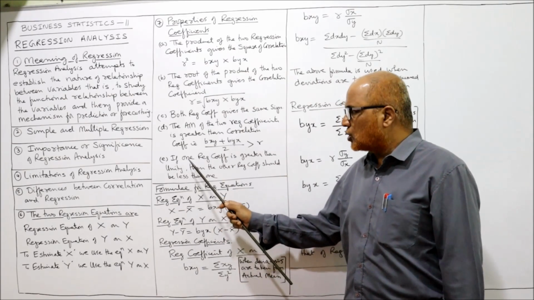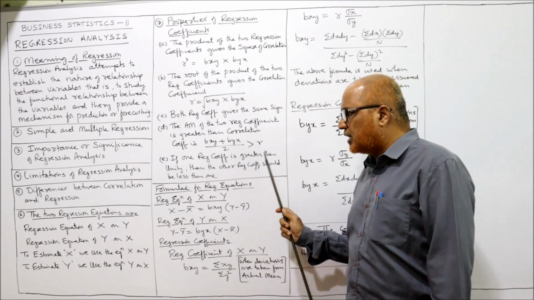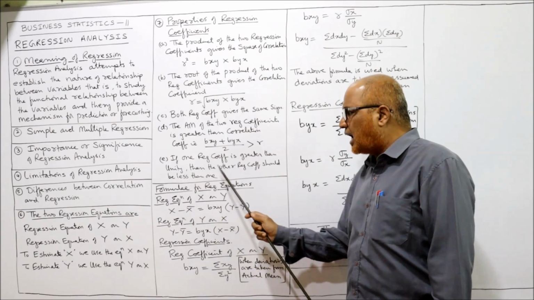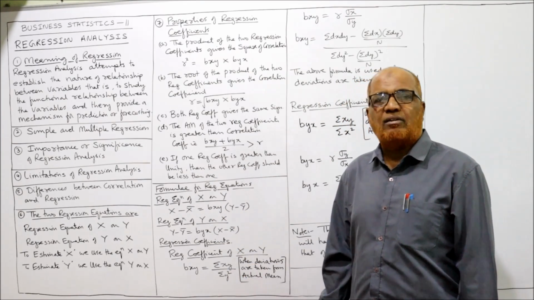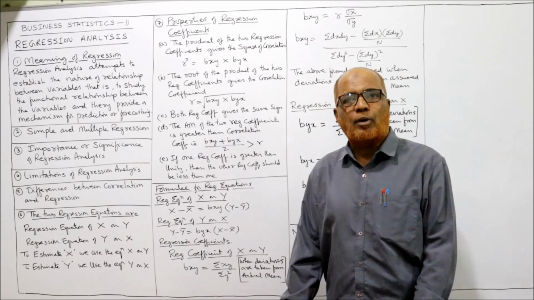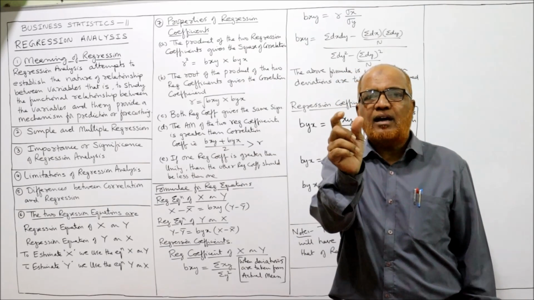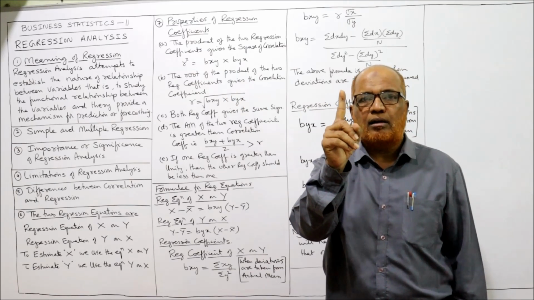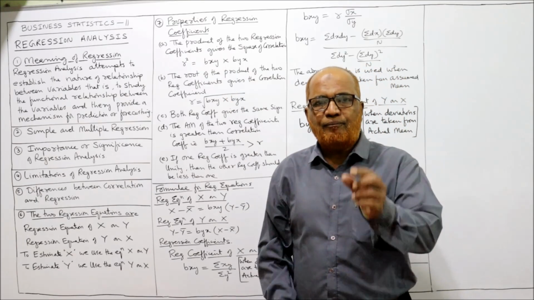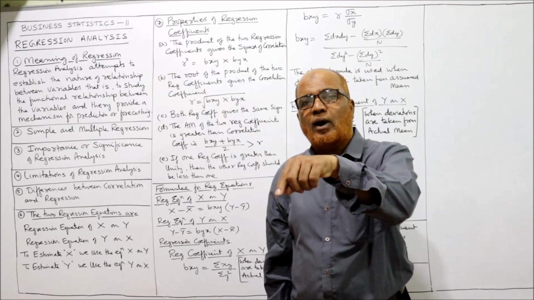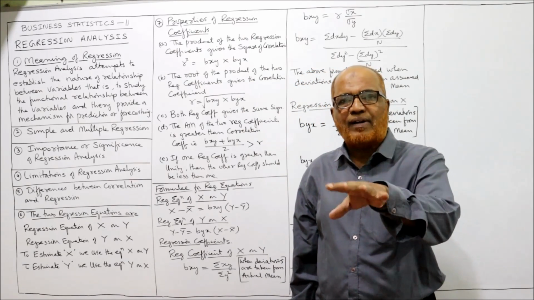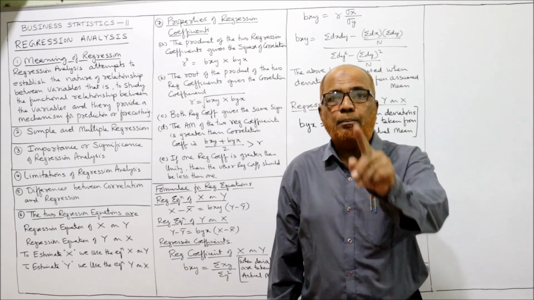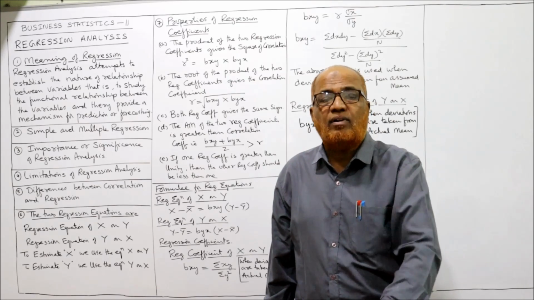Then the last property: if one regression coefficient is greater than unity, the other regression coefficient should be less than 1. Very important property. Unity means 1. If bxy you got is 1.5, more than 1, then byx you should get less than 1.